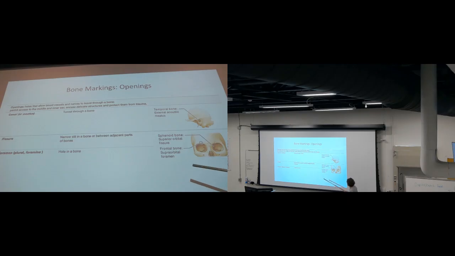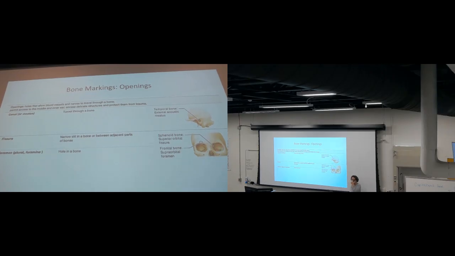And then for foramina, or foramen, it's a hole in a bone. So for instance here, this is the frontal bone, the forehead bone is called the frontal bone. Above the orbit, so basically above our eyes, we have the supraorbital foramen.